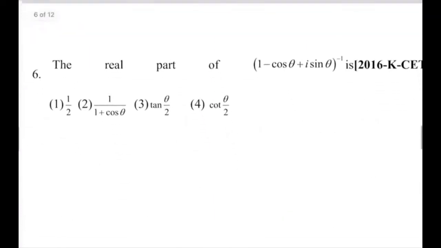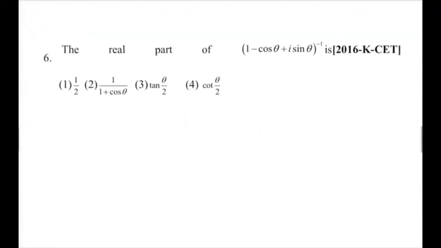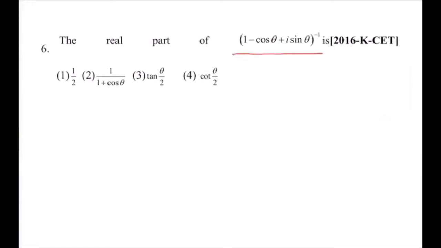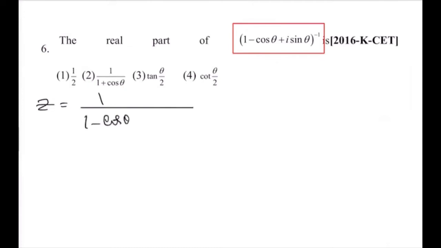Next question. To find the real part of this complex number 1 minus cos theta plus i sin theta whole power minus 1. Take that as z. That is 1 over 1 minus cos theta plus i sin theta. You can write this as 1 over 2 sin square theta by 2.